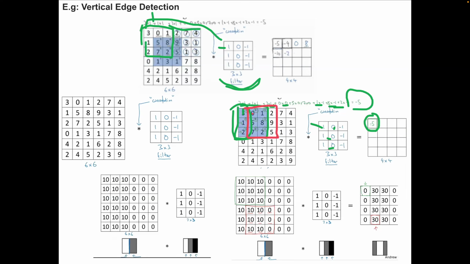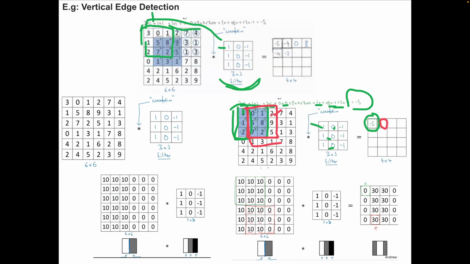Then I run it again. That will be 0 times 1 plus 5 times 1 plus 1 times 7 plus 1 times 0 plus 8 times 0 plus 2 times 0 plus 2 times 1. Now, whatever value that we have from this becomes the value that we have here.